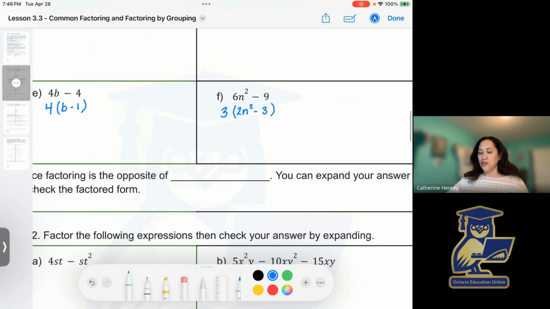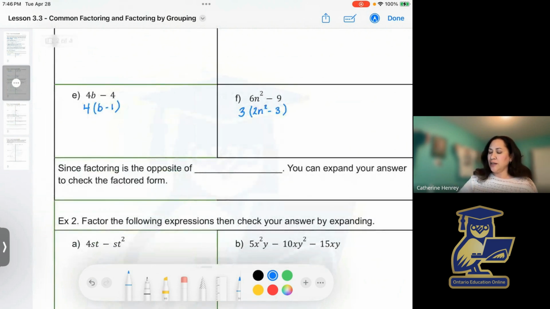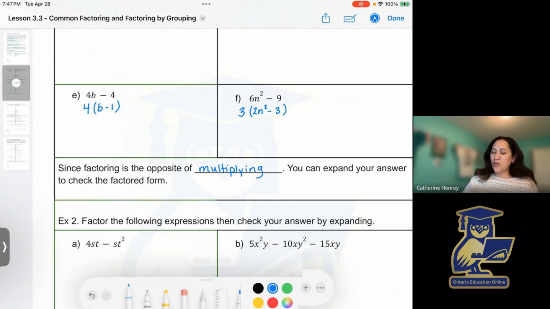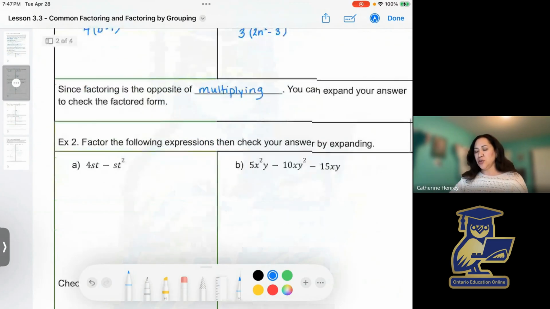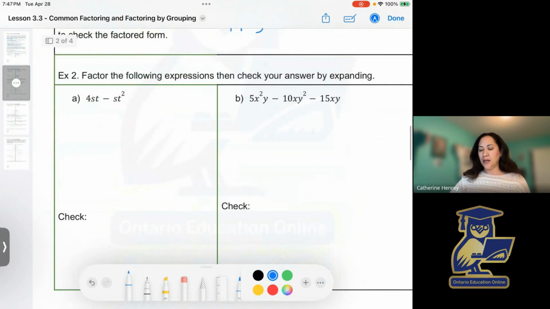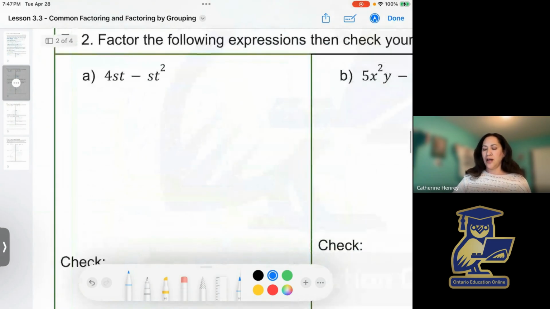All right. So since we consider factoring like the opposite of multiplying, you can expand your answers from factored form to see if you can go back and get the original question. So we'll just do a couple and we'll check them. So for A, we have 4st minus st squared.